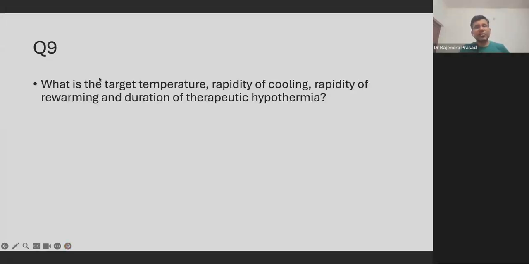So someone can answer these basic questions. What is the target temperature? How rapidly should we cool the baby? How rapidly should we rewarm after completion? And what is the duration?